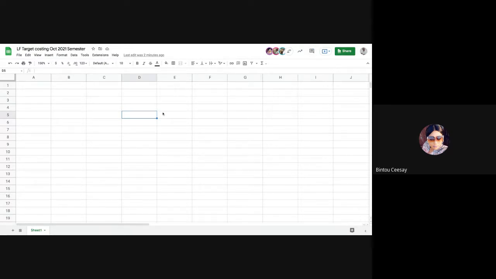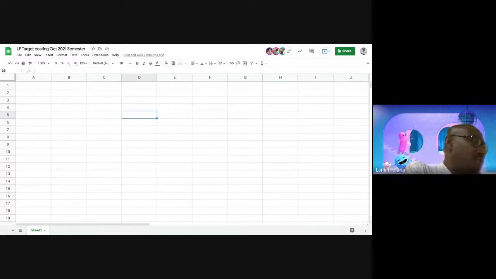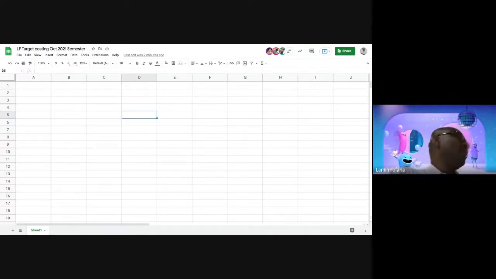Right, good. Now we have at least an overview of how Google Sheet works. Then we'll go and do our question on target costing. So go to the question on target costing. I think I have shared the handouts on the WhatsApp forum, didn't I?